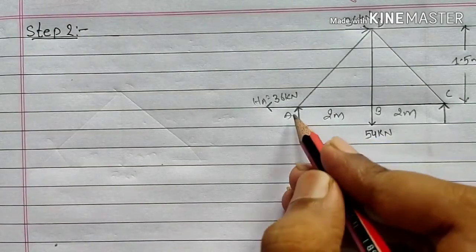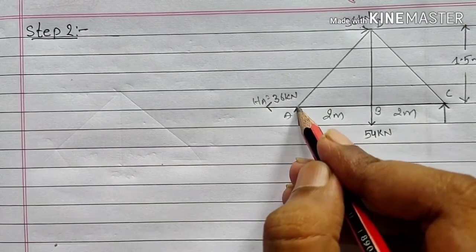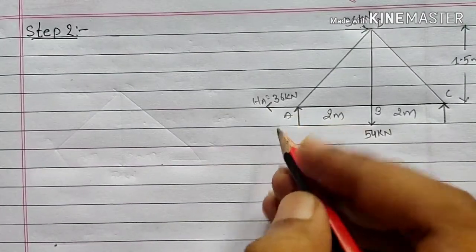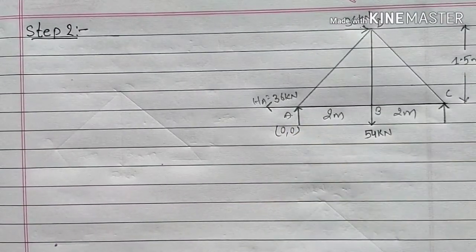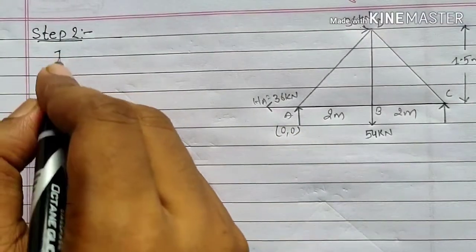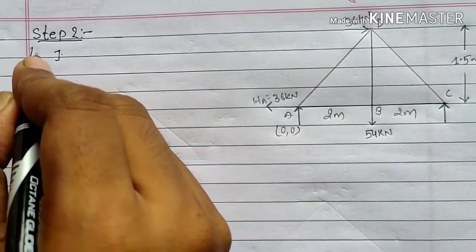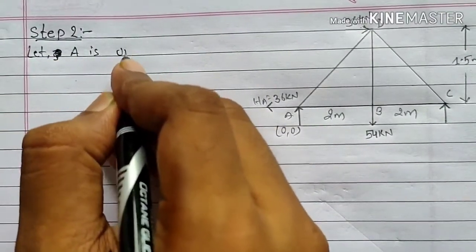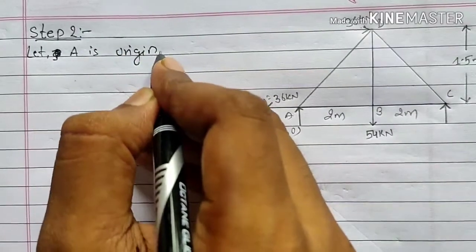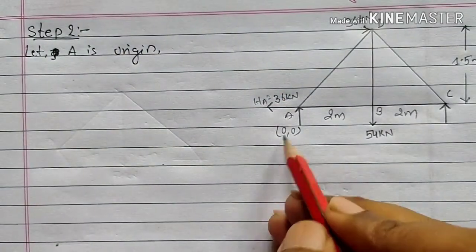So in step 2, let us consider that our end A is origin, so the coordinate of A will be 0 comma 0.